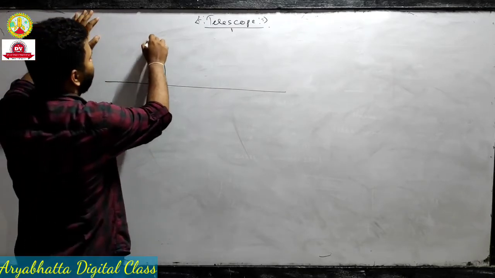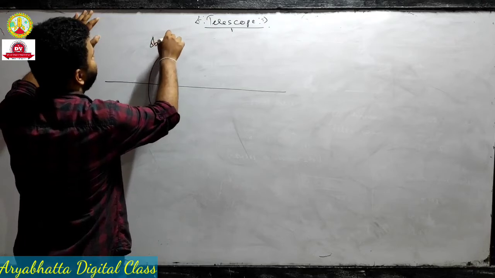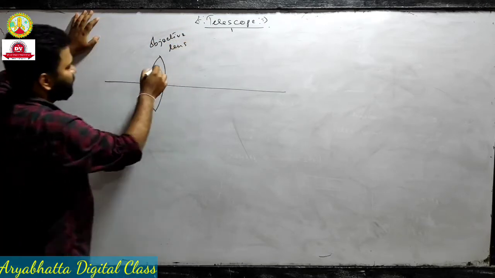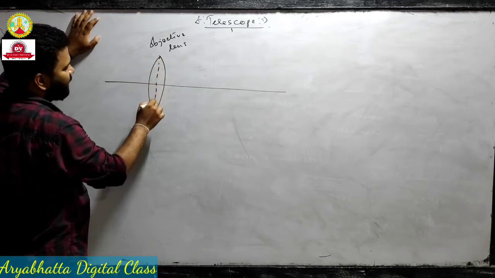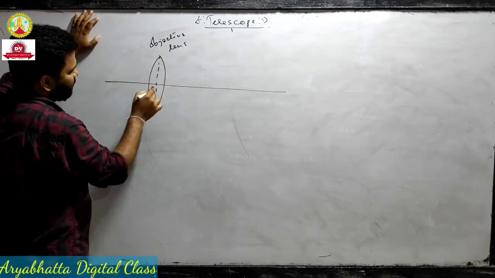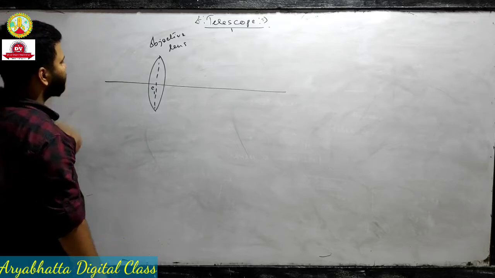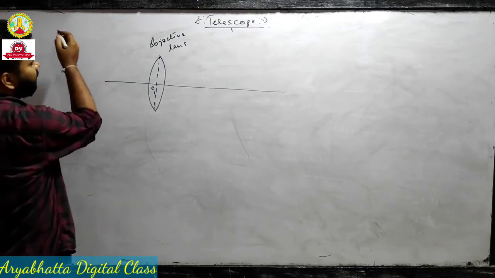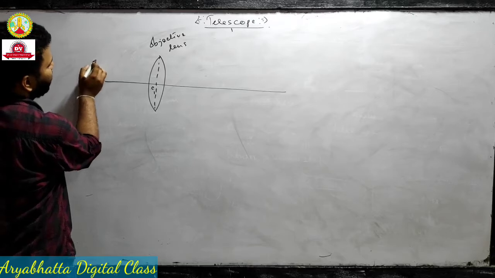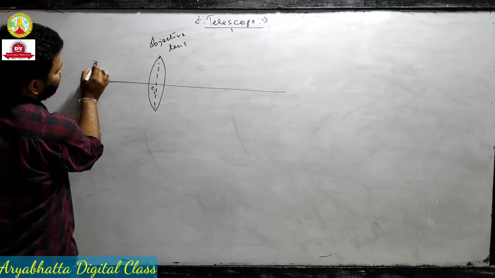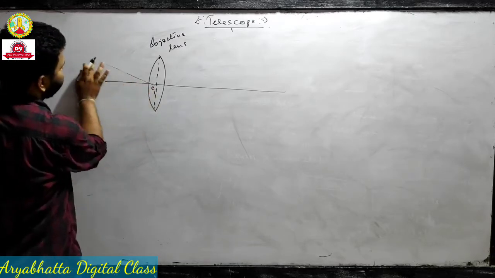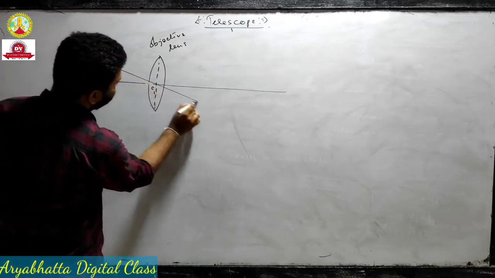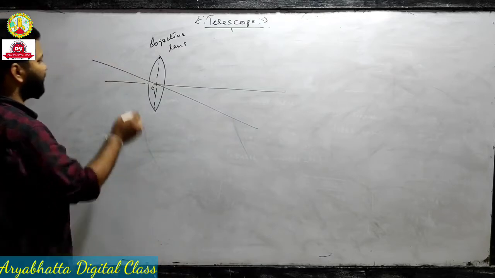So this lens will be called as objective lens. Okay, suppose the optical center of this lens is say C1. So the object, where the object will be located, as you already know, object will be at infinity. So from the infinity, a light ray will come and it will pass through the optical center. The light ray that will pass through the optical center, it will not deviate and it will pass like this.